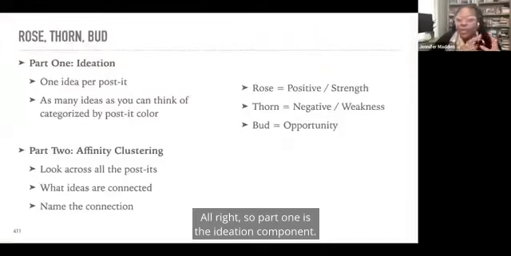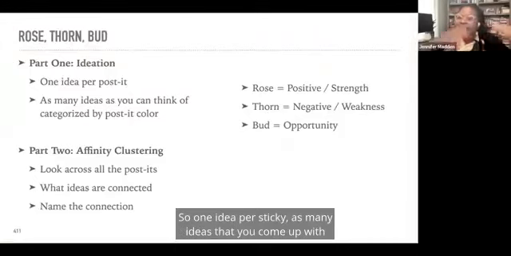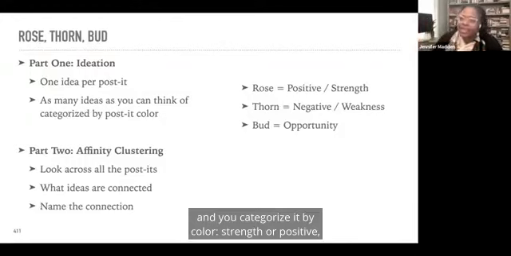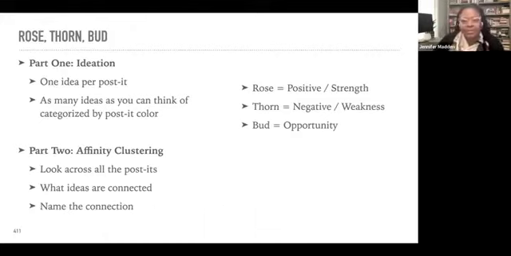All right, so part 1 is the ideation component. So one idea per sticky, as many ideas as you come up with, and you categorize it by color: strength or positive, weakness, threat, negative, opportunity, bud.